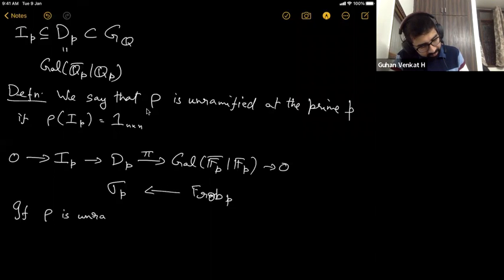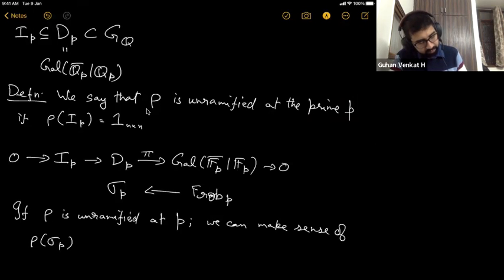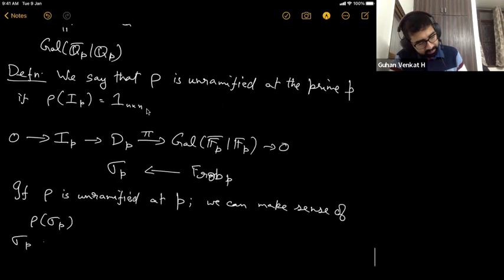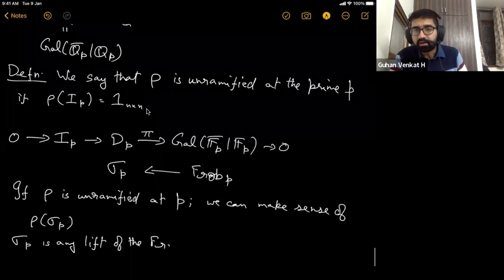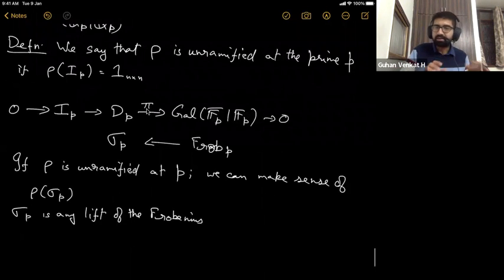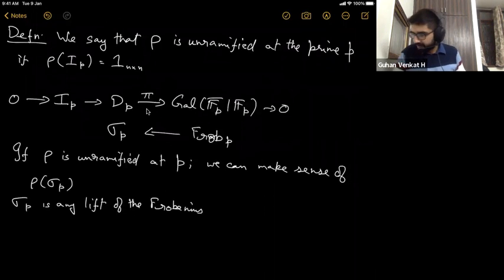So again, sigma_p is any lift of the Frobenius. And we still call this the Frobenius element at p, but I'll make the distinction that we call it sigma_p.